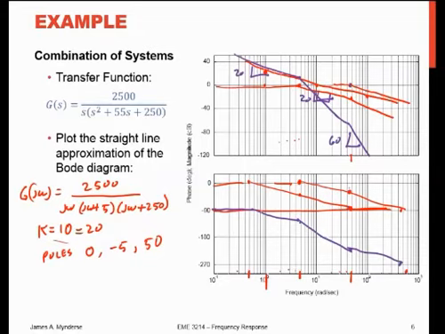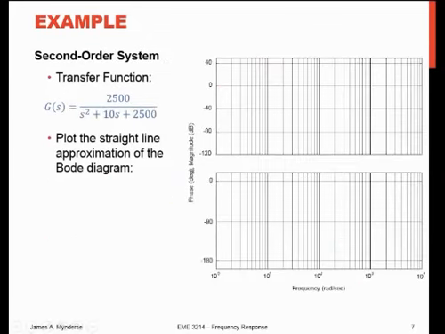Okay. Now we do the second order. This one has a pair of complex poles, so what I'm going to do is rewrite that in the form of the natural frequency and damping ratio, because then, given the damping ratio and the natural frequency, we know where to put our break frequencies, where to put the corner points on the phase plot, and we can calculate the peak values.